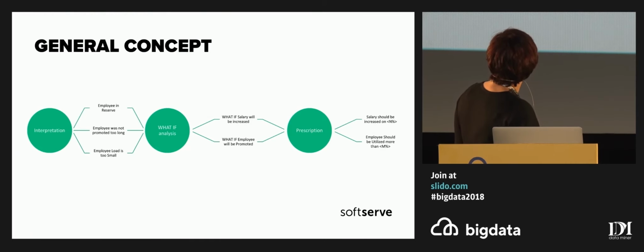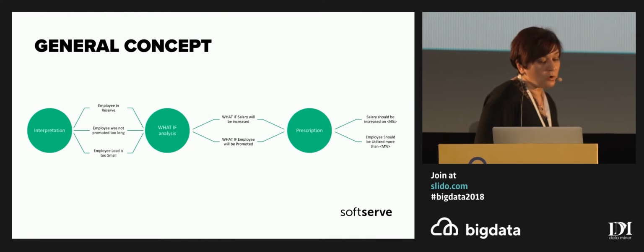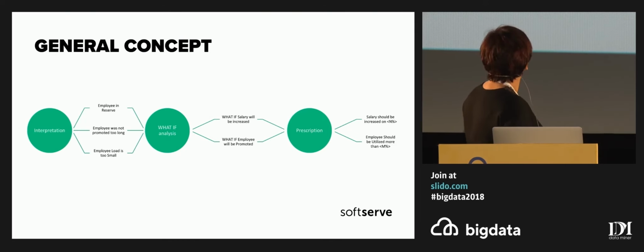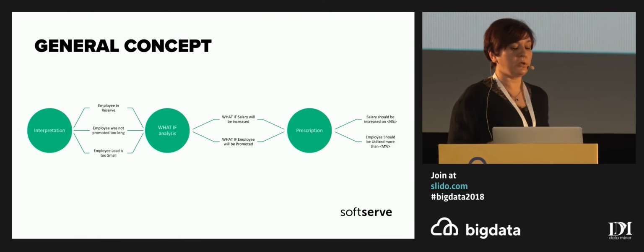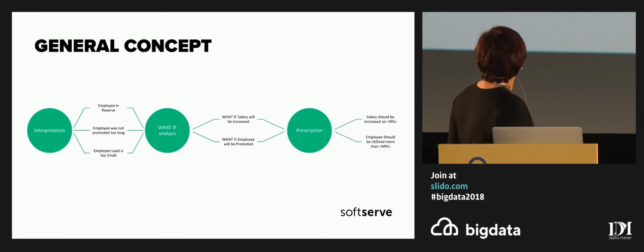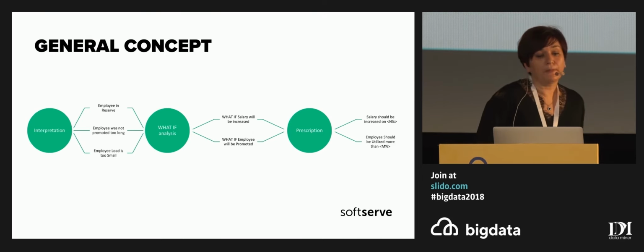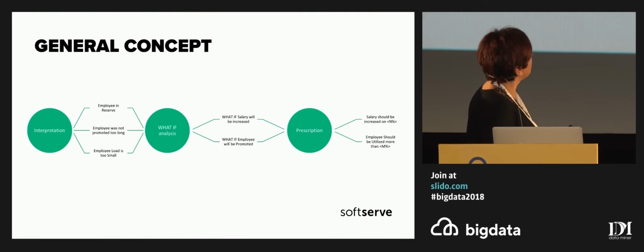First one is interpretation. If an employee is at risk, especially if the employee is in the high-risk group, we analyze the features of this employee and provide some kind of interpretation. For instance, the employee is in reserve, the employee was not promoted for too long, or the employee's load is too small. Next one is the stage of what-if analysis.